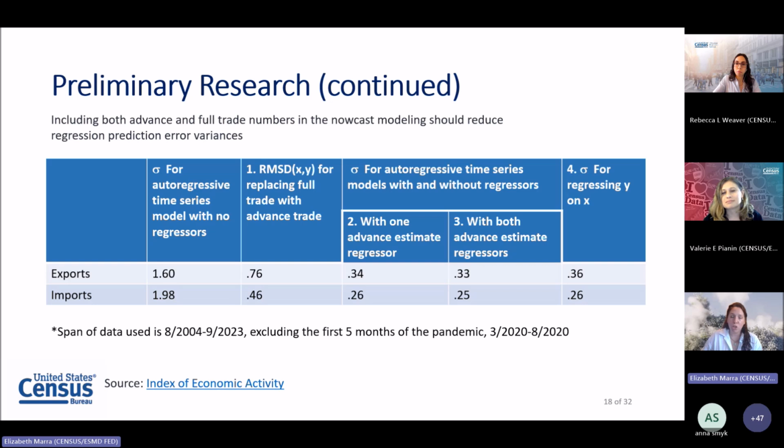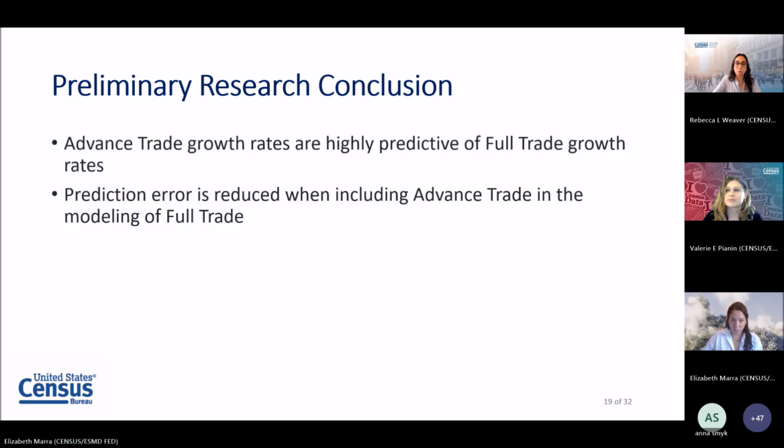We didn't see much change there compared to the 2 AR models in the middle here. Basically, this told us that the benefit here really was from including the advanced trade data in the model and not necessarily using an AR model versus a linear regression. So after running these models, we concluded advanced trade growth rates are highly predictive of full trade.